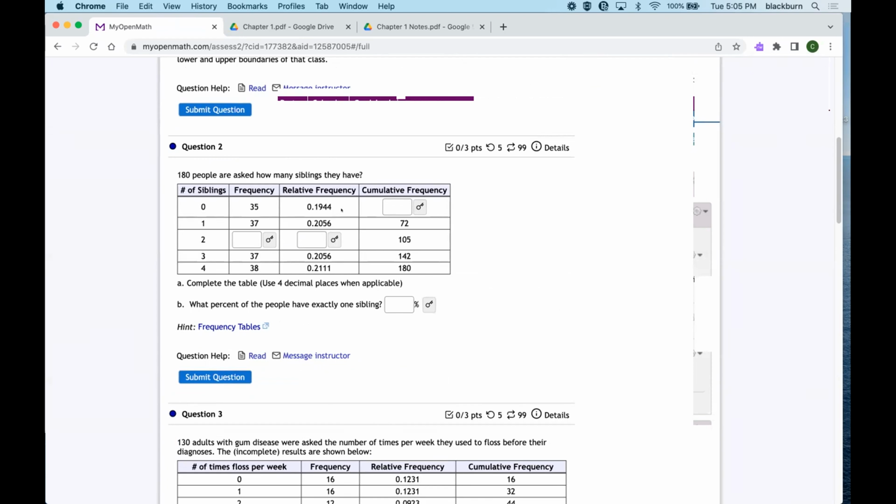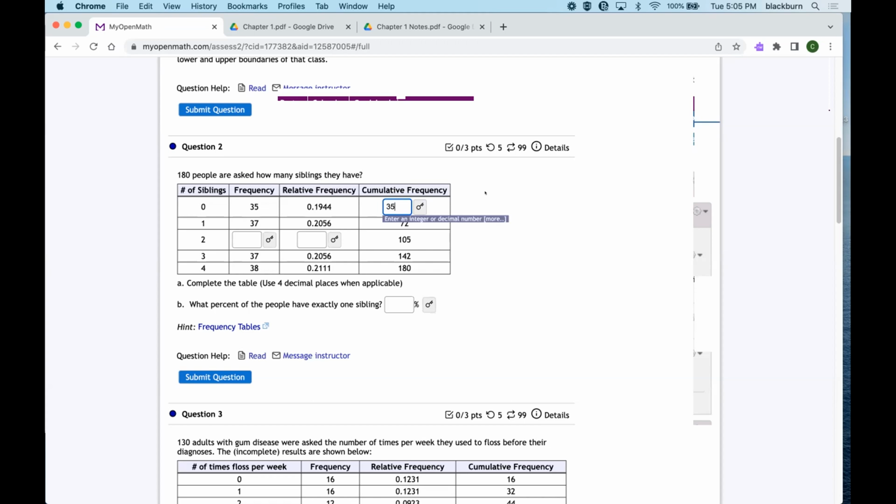The cumulative frequency, it's not cumulative relative frequency, so it's not the percentages this time, it's the numbers. So the cumulative frequency for this one is going to be 35.